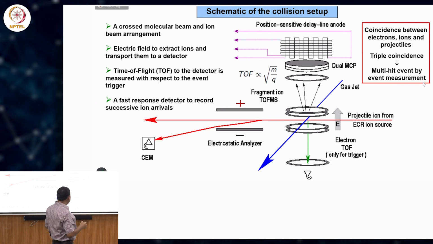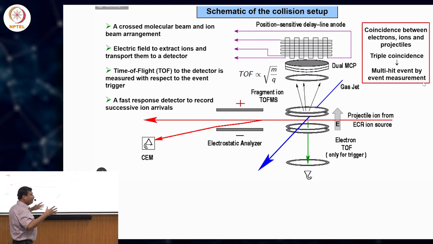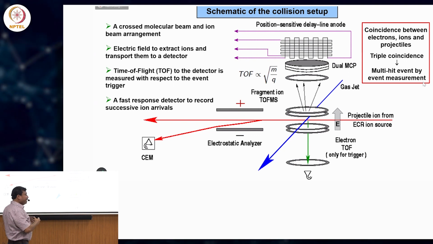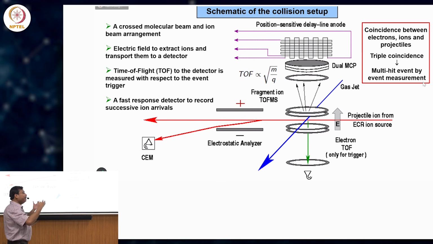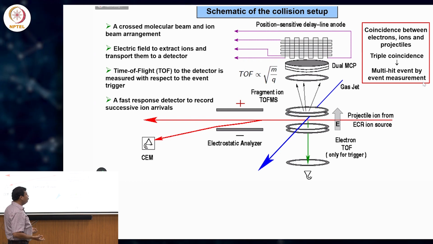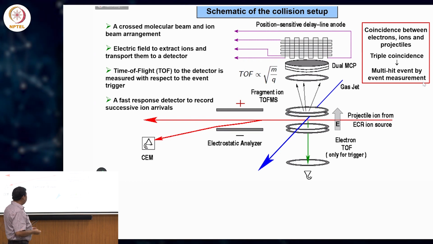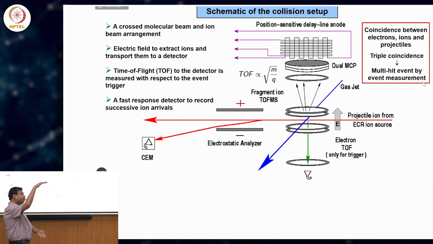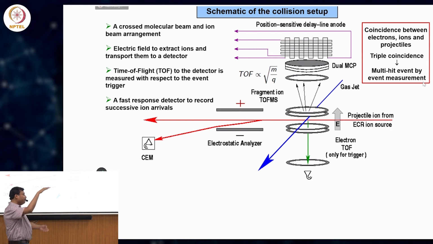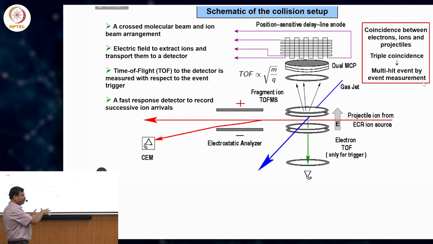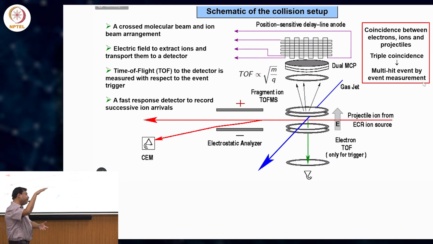Now if you are having an electron trigger, because electrons are more formed due to a multiply charged molecule, one of those electrons you will most probably get. So instead of having an undissociated peak of the molecular fragment, you will get the fragments more, not the molecular parent ion.